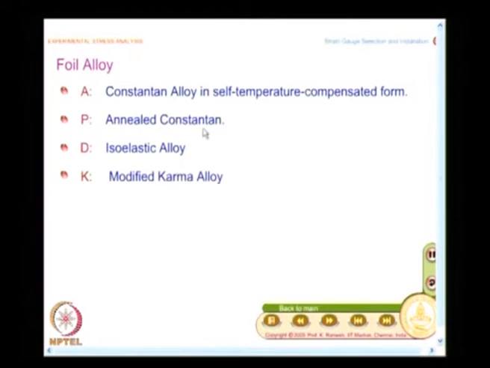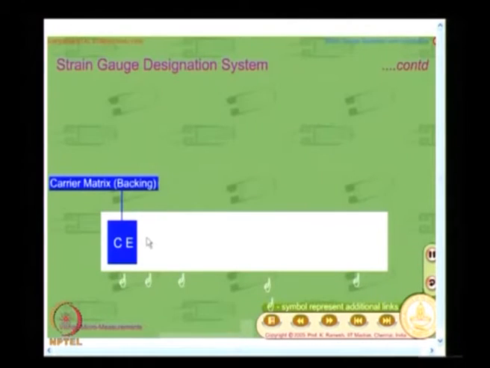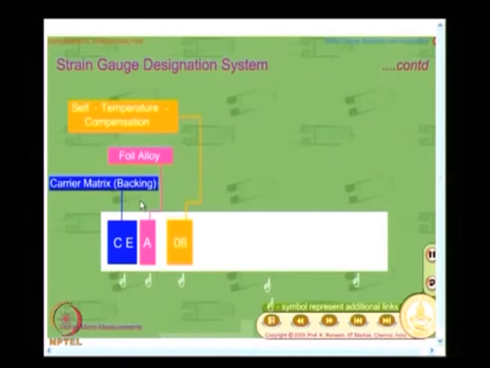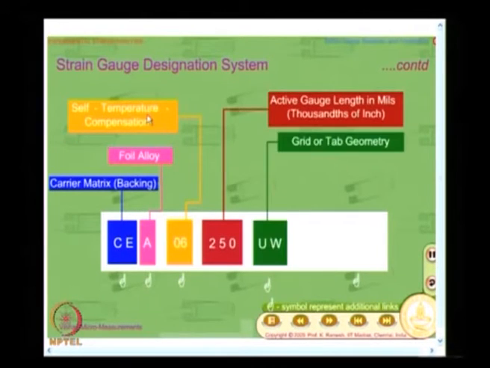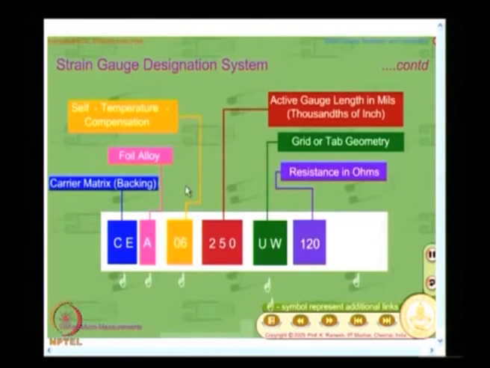P is annealed constantan, D is isoelastic alloy, and K is modified Karma alloy. So, by looking at this, we will also know what the foil alloy I am using is. And you have already noted what the self temperature compensation number is for various specimen materials.